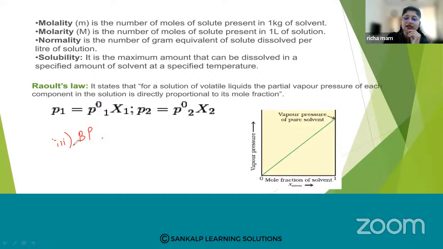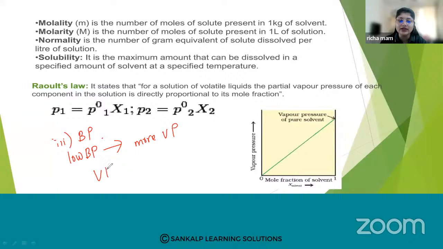So remember this, the liquid which has a lower boiling point has higher vapor pressure, because these liquids with lower boiling point can easily be converted into gaseous form, and gas can be easily converted into vapor.